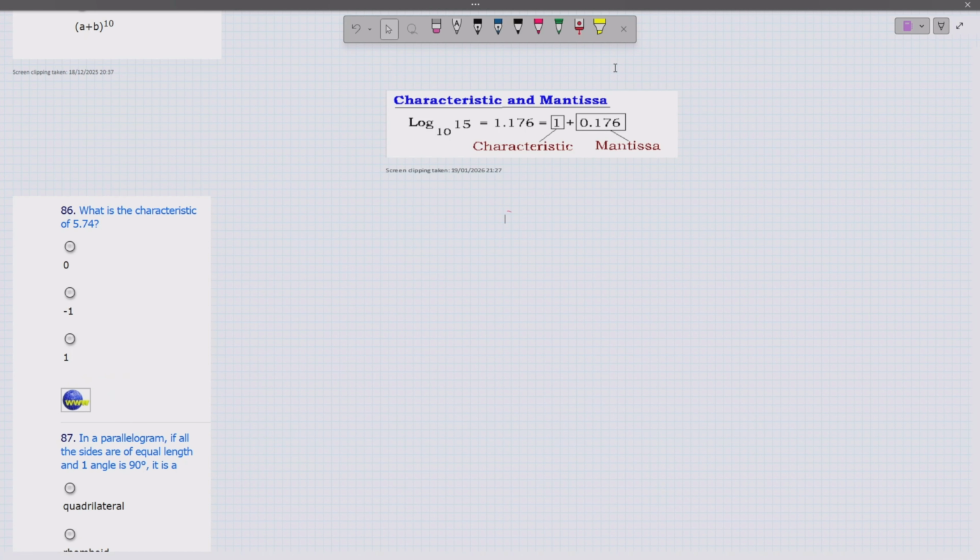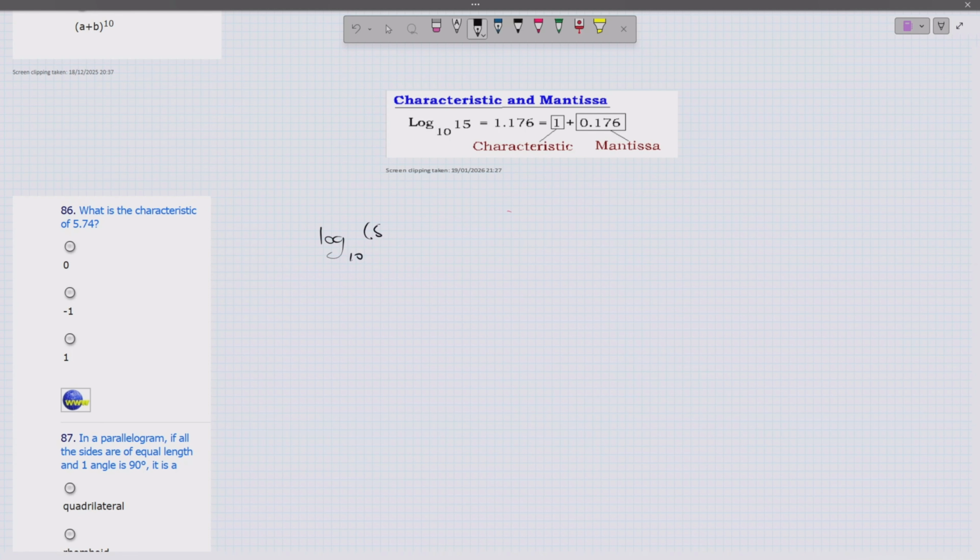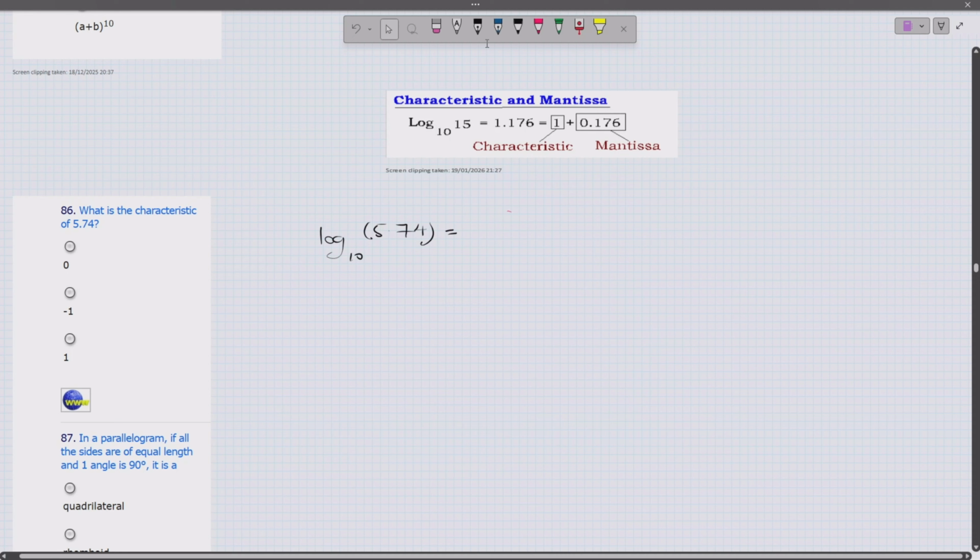What is the characteristic of 5.74? This question requires you to find the logarithm of 5.74. Log base 10 of 5.74 will give you 0.759.